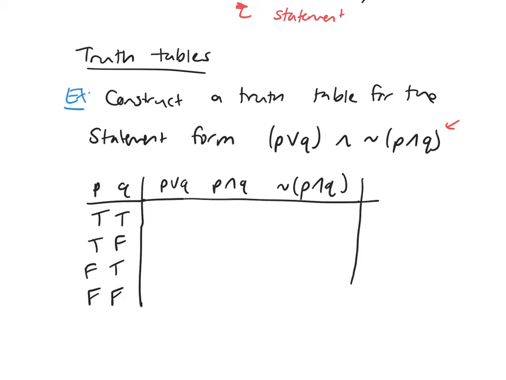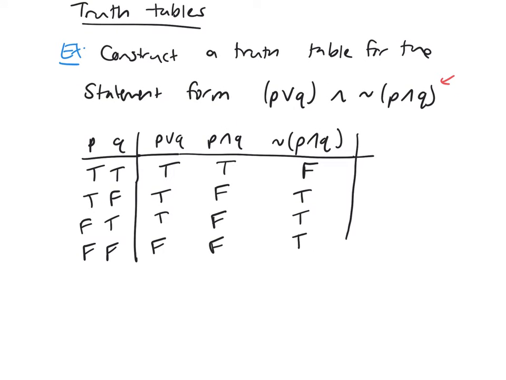So let's look. P or Q, you just need one of them to be true. P and Q, they both need to be true. And then finally flip the columns of the last entry, or the last column.